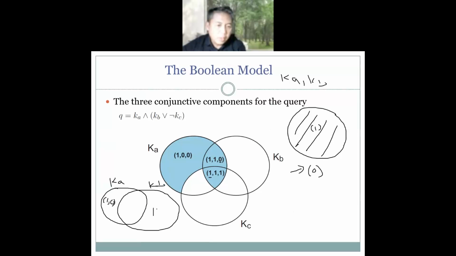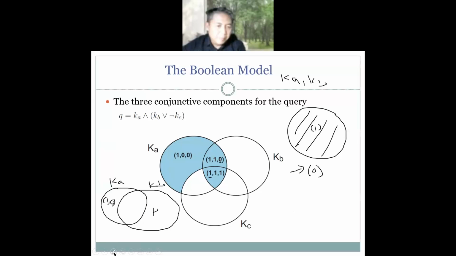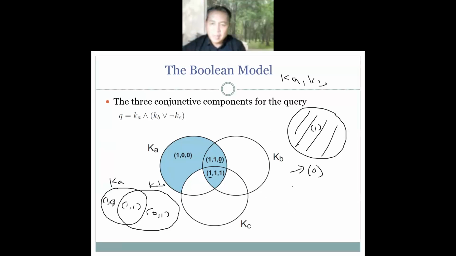This one is 0 when you are not in KA but you are in KB. Here, when you are in KA it is 1, 1, and also KB. So this is for 3, but if you have 4, you have something like this.